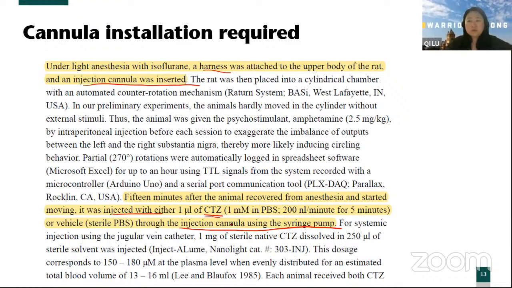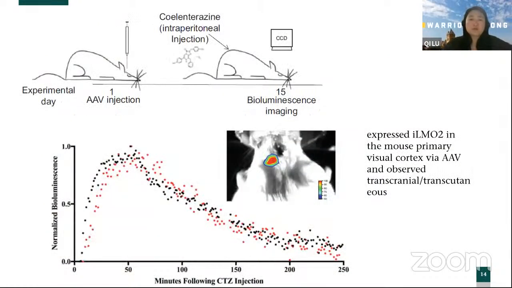So it seems that it didn't reduce the hardware compared to optogenetics, because it still needs to be inserted into the location, which in this study is the SN. So in this study, it's still a very deep tissue.